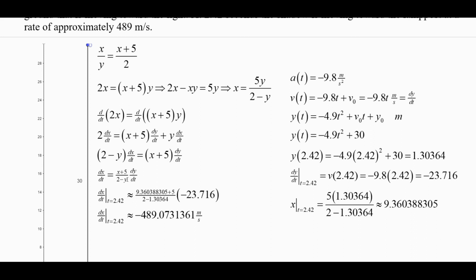That's what I put right there. Okay, so dy over dt is negative 9.8 times t, and that's negative 23.716. Plug that in for dy over dt. So it was falling down at 23.716 meters per second.